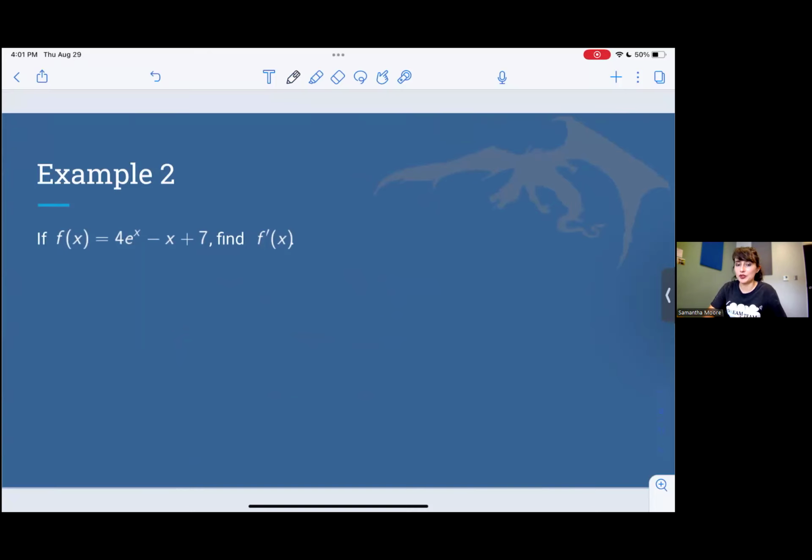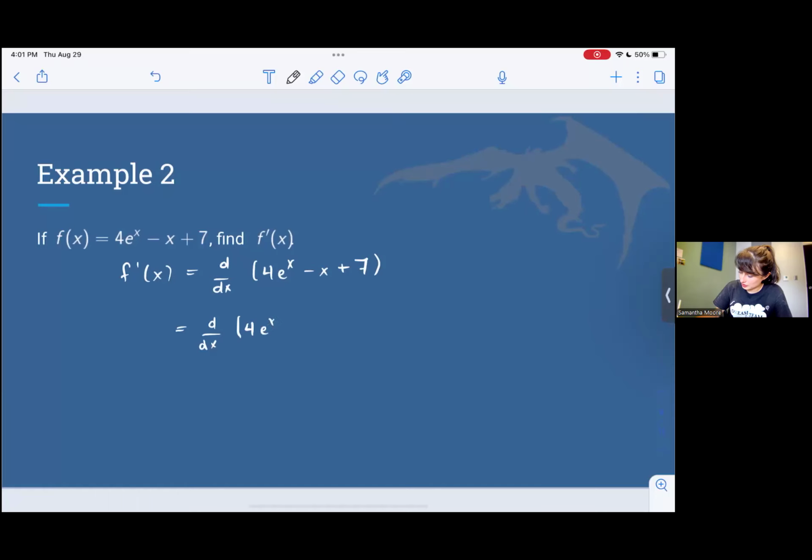So for a second example, we're told that f of x equals 4 times e to the x minus x plus 7, and we want to find f prime of x. So f prime of x says that I need to take the derivative of 4 e to the x minus x plus 7. And I can use the sum and difference rules to break that up into taking the derivative of 4 e to the x, subtracting off the derivative of x, and adding on the derivative of 7.